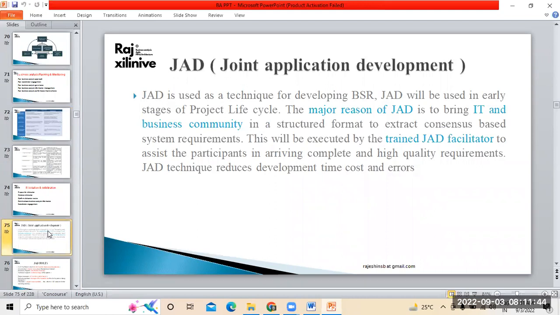It is more than a session; I can say it's a workshop. The major reason for conducting a JAD session is to provide an opportunity for external and internal stakeholders to interact under one roof. So this is an advantage of conducting a JAD session. First reason, I'll tell you.